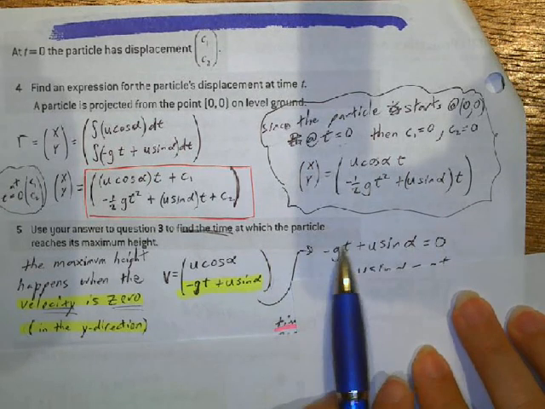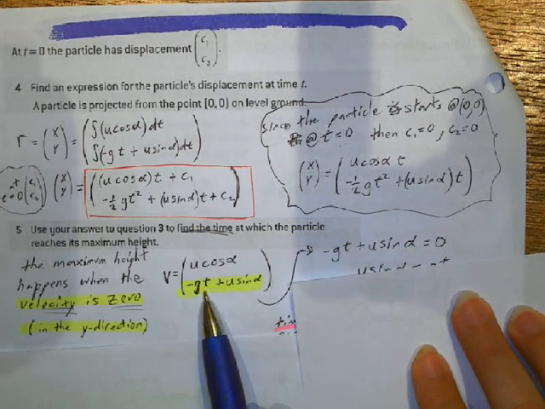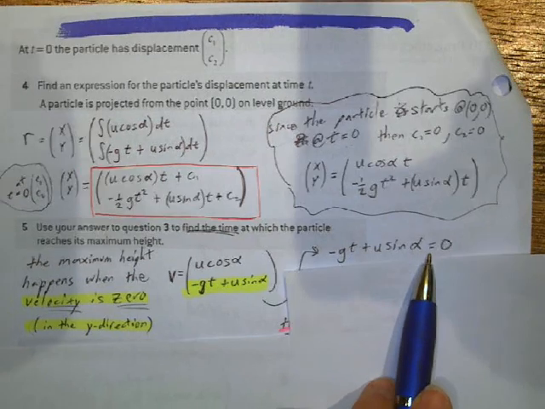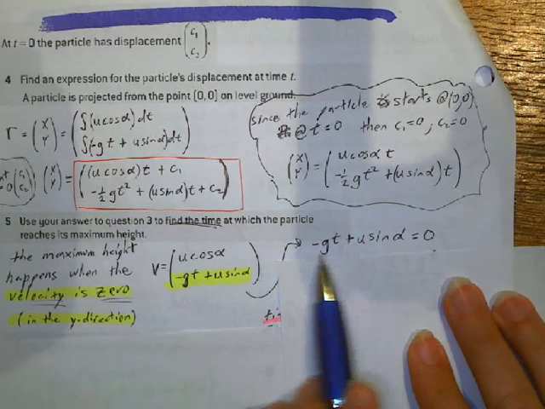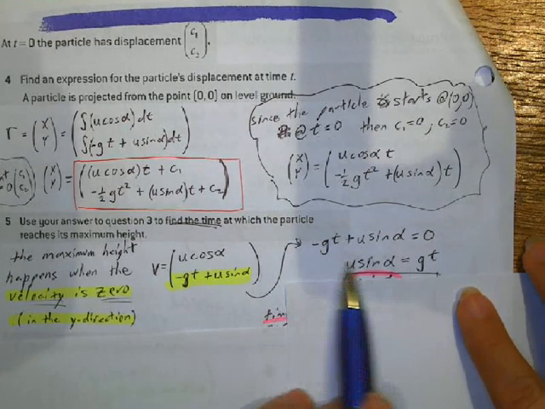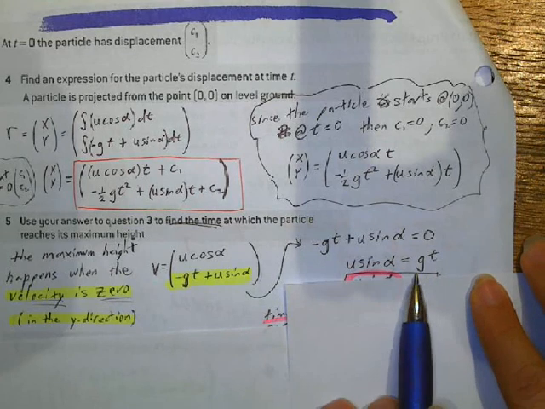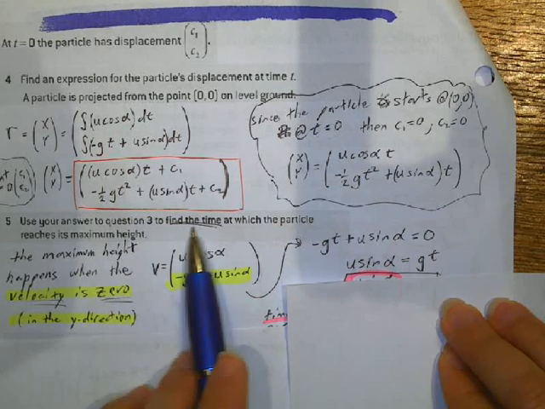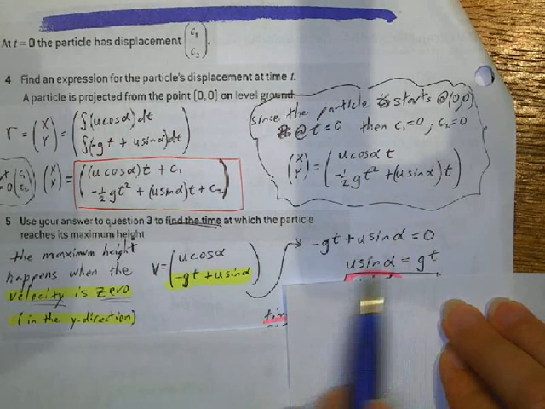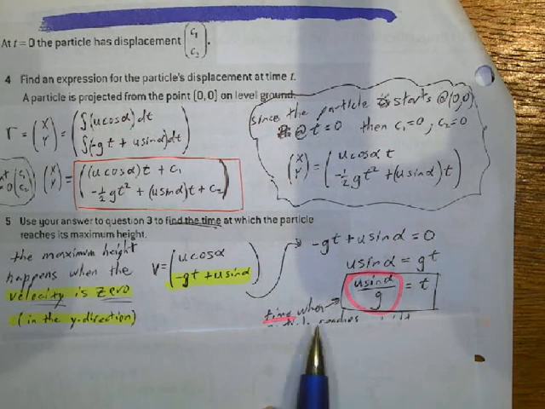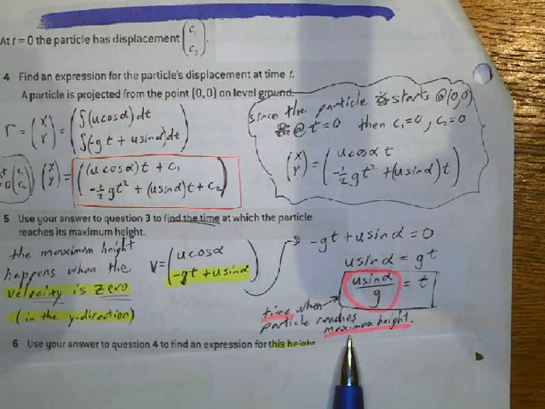Okay, so now I've made negative gt plus u sine alpha equal to 0. Now I can add gravity times t on both sides of the equation, and we're solving for time, right? Find the time. So I'm going to divide both sides by g, and then we get this. So this is the time when the particle reaches the maximum height.